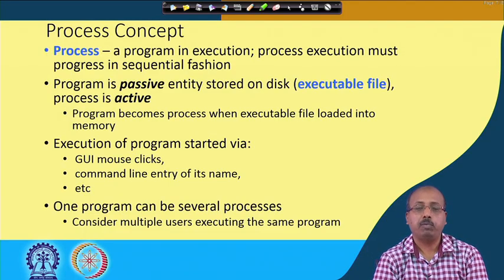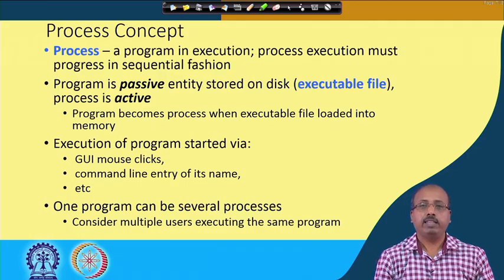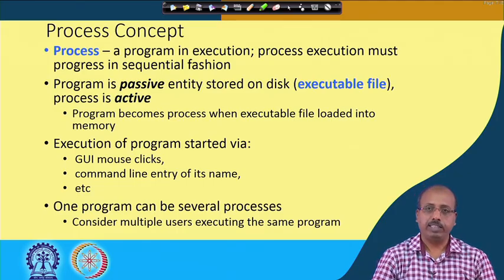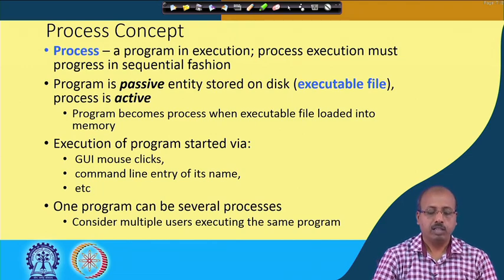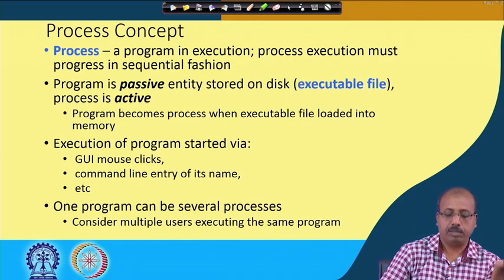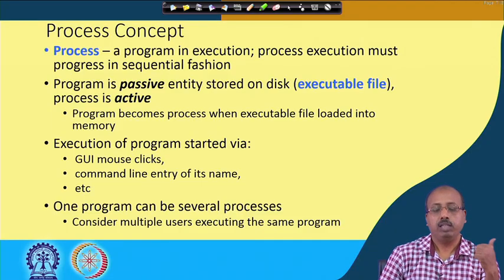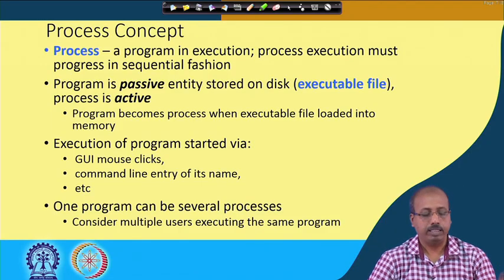One possibility is that if there are 10 users doing the editing job, we create 10 copies of that editor software onto the main memory, but that is definitely a big wastage of space. What is normally done is that these processes are designed in such a fashion that we have only one piece of editor code available in the main memory, but there are 10 different data segments, each data segment holding the editing data of one user. That way we can have multiple users executing the same program, and one program can lead to several processes.